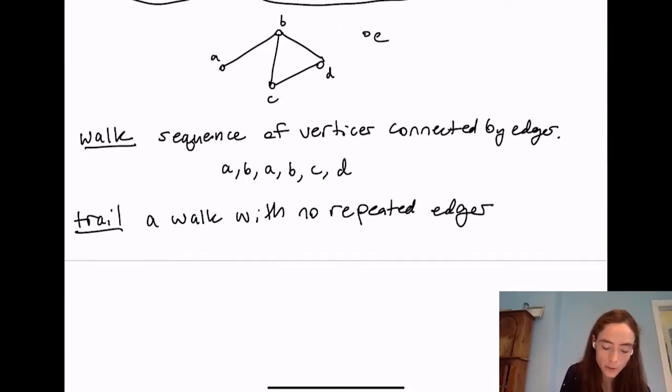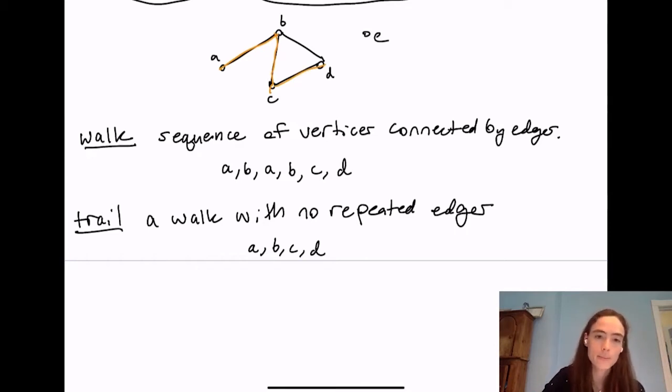So if we remove those repetitions, A, B, C, D defines a trail on the graph. So A to B, B to C, and C to D is a trail. So a trail, you can just imagine starting anywhere on the graph and walking along edges, except you can't repeat an edge.